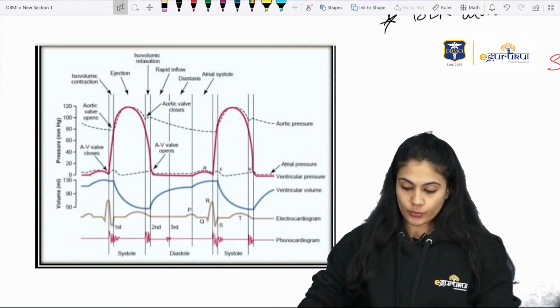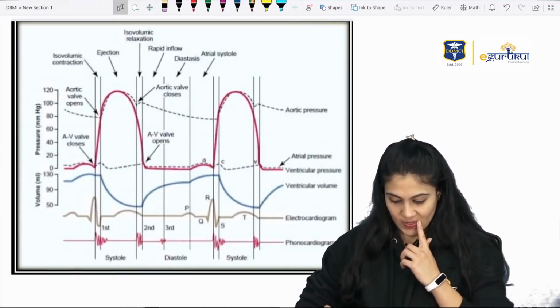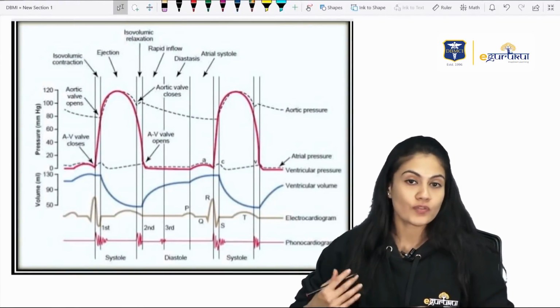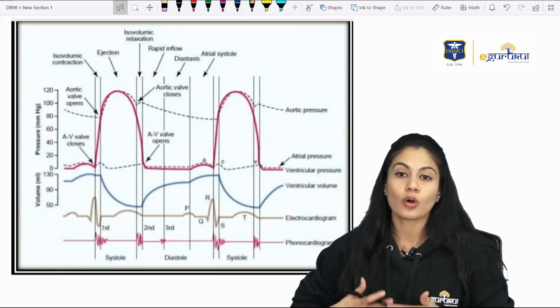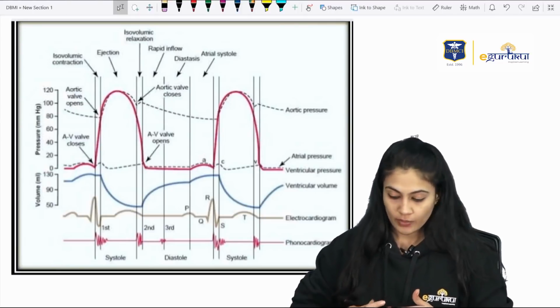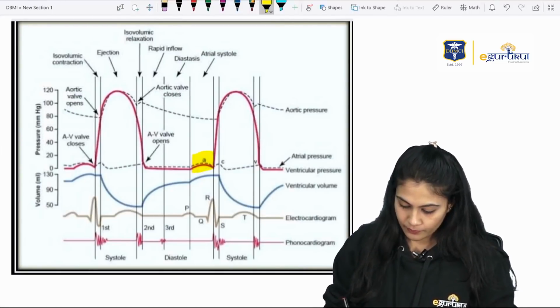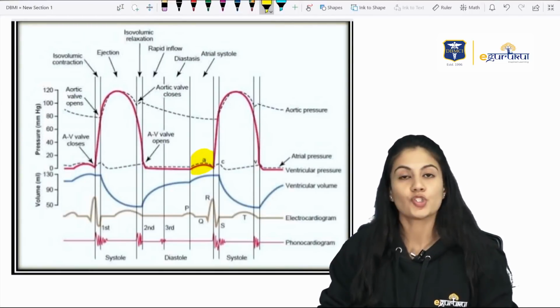Okay, so here is the diagram which is correlating each and every phase of JVP, all the pressures, echocardiogram and phonocardiogram. So over here we can see the A wave of the JVP.